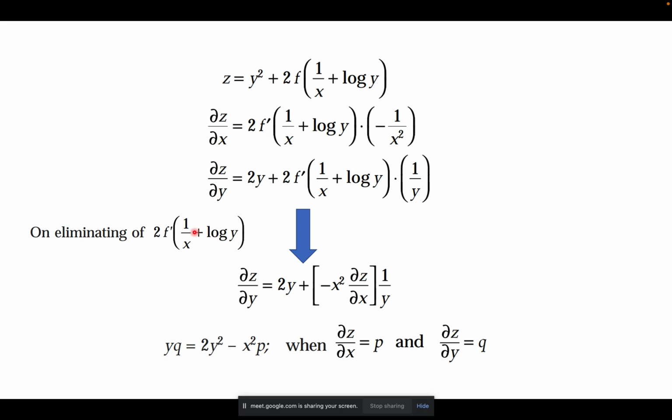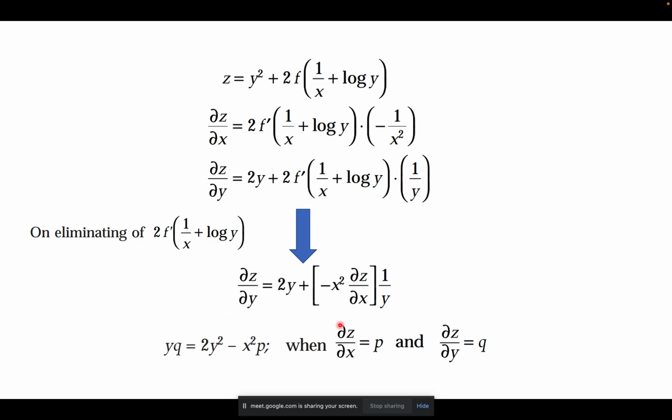You see the 2f dash factor is common in both, so if I eliminate this, you will have minus x square del z by del x. Now you can write the value of this in this equation. So you will have del z by del y equals 2y minus x square del z by del x, which is coming from this equation, times 1 by y.